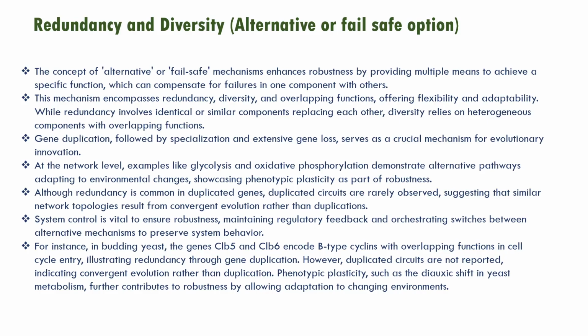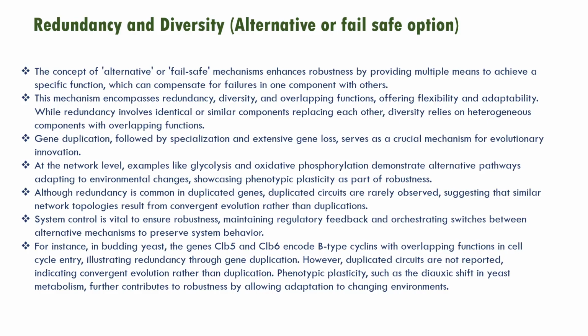So the most common example would be isozymes. Two different enzymes catalyzing the same reaction. So if one of the enzymes is knocked out, the other isozyme will take over, which is basically the alternative or the fail-safe. This mechanism encompasses redundancy, diversity, and overlapping functions, offering flexibility and adaptability.